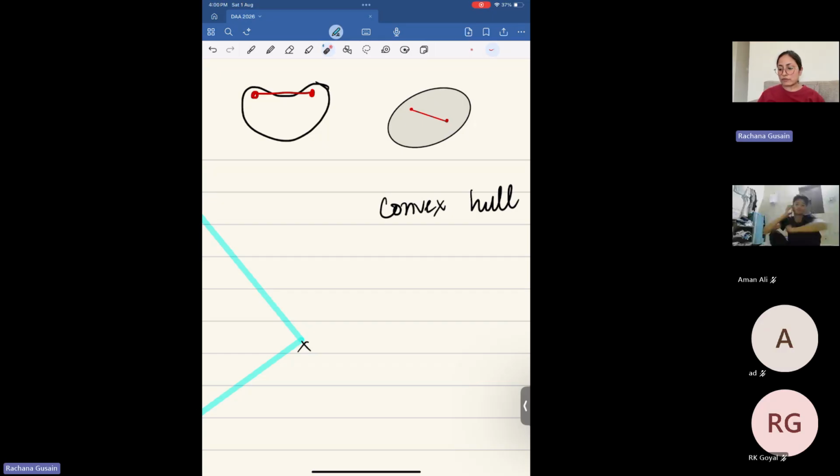You can never have 2 points such that some part of the line segment joining them is outside the figure. Such a shape is called a convex shape. So this is non-convex, this is convex.